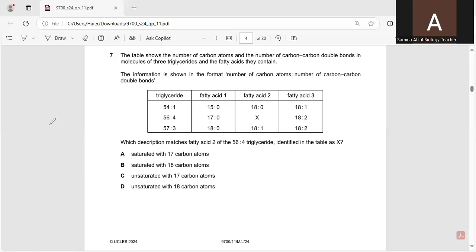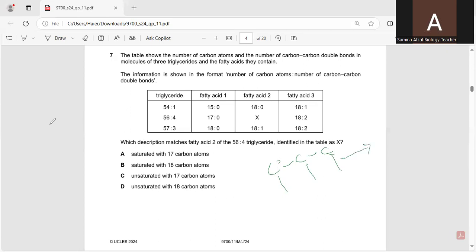So here you can see that fatty acids will always combine with the 3 carbons, and there will be 3 fatty acid chains with them. In this way, there will be the formation of 1 glycerol and 3 fatty acids.